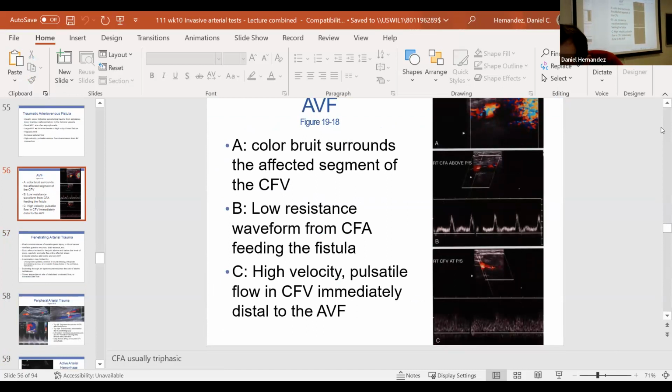Anyway, above the anastomosis, we see high velocity, low resistance flow. And then on the venous side, we see high velocity pulsatile flow.